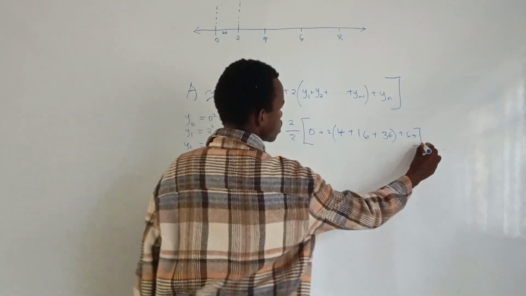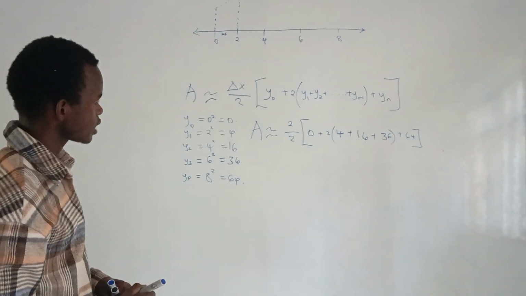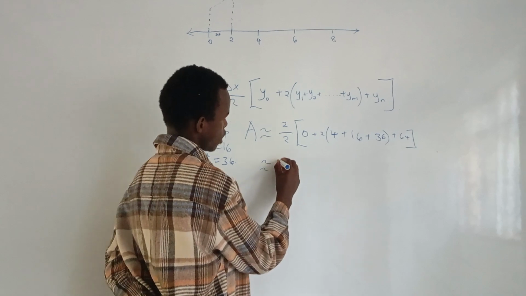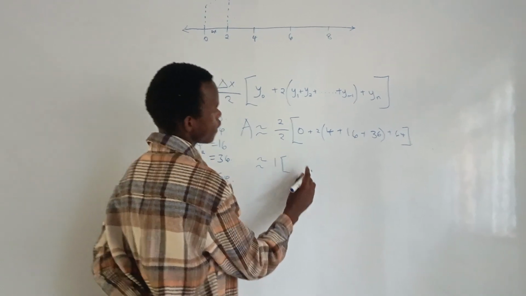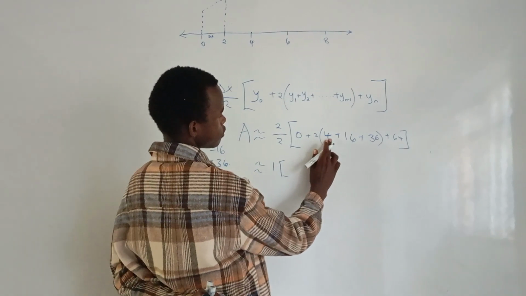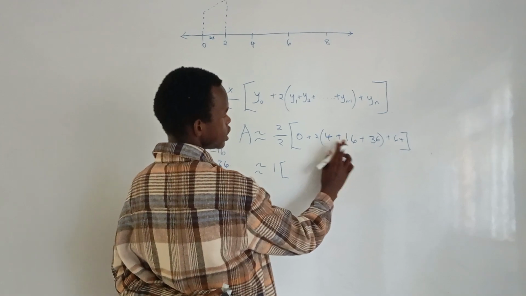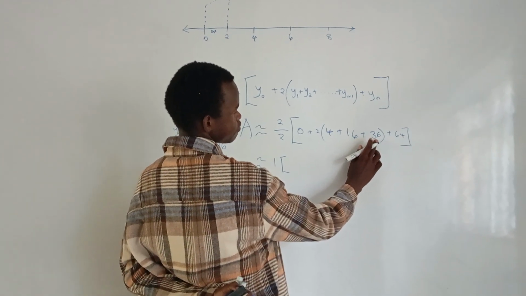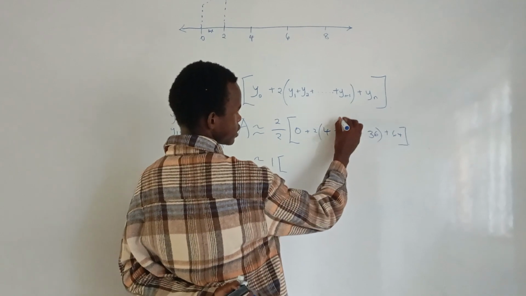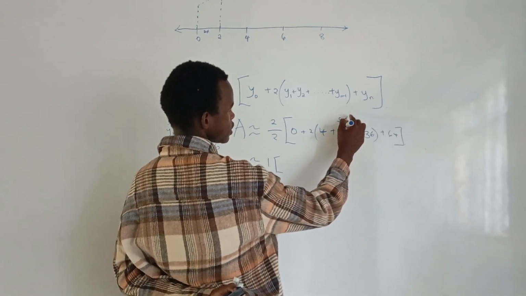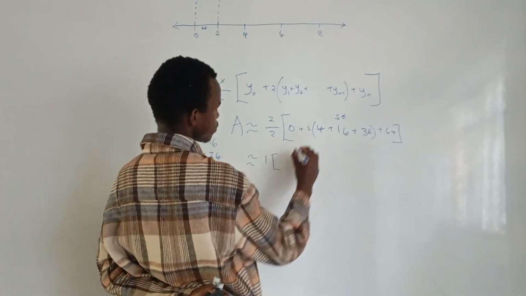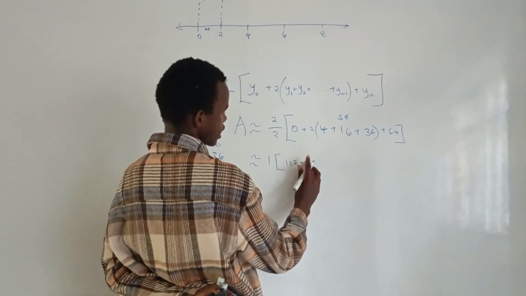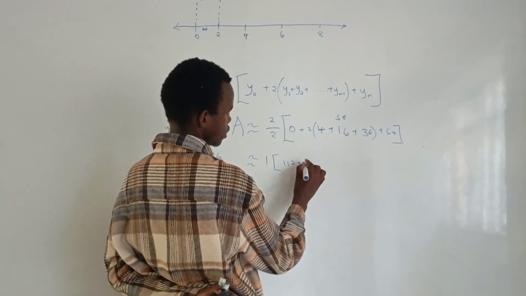So the expected answer will be 1 into, so add this, 4 plus 16, 20, plus 36, that is 56, 56 multiplied by 2, 112, so it will be 112 plus 64.